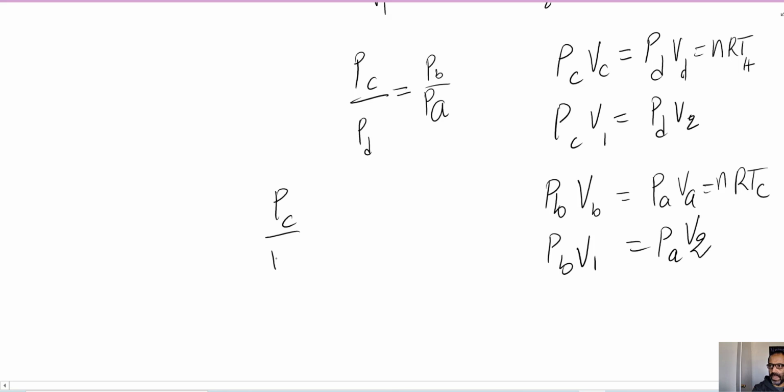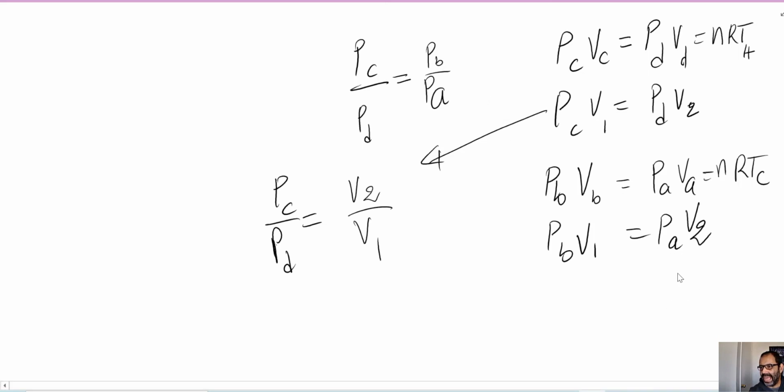It's clear from this expression that it is V2 over V1. The same thing, I'm going to take PB over PA from this expression. PB over PA, that ratio, is also V2 over V1.